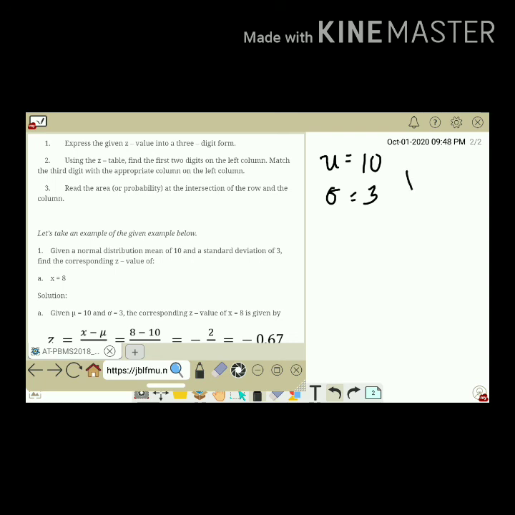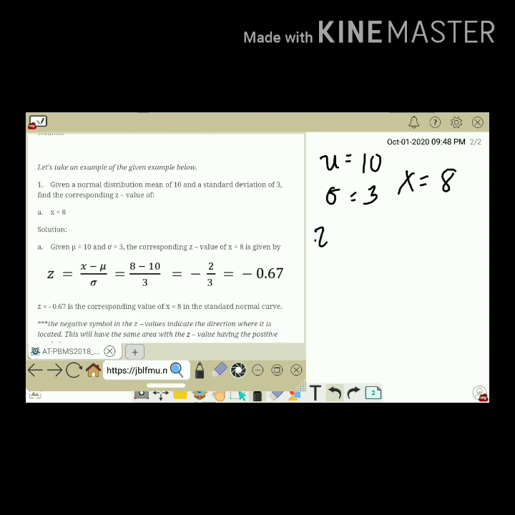So your given X value is equal to 8. Now we are going to use the formula. The formula is given by z is equal to X minus mu over standard deviation. Just simply substitute, that is 8 minus 10 over 3. So 8 minus 10 is -2, over 3.